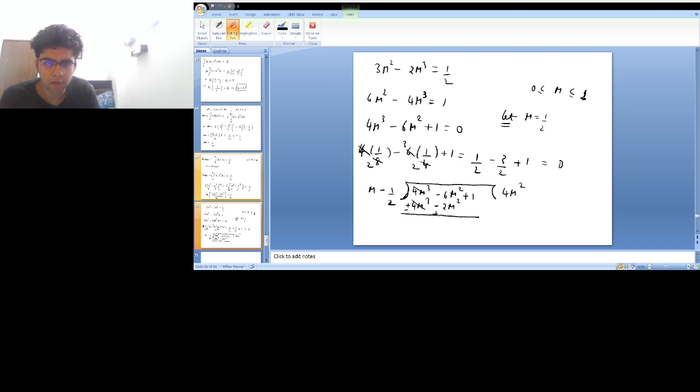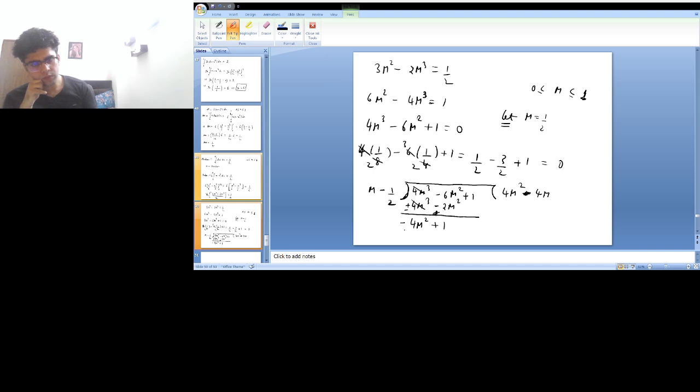Right, I made some error. 4m cube minus 2m square, so the 2 and 2 go away, minus 2m square, yes, this gives me minus 4m square plus 1.